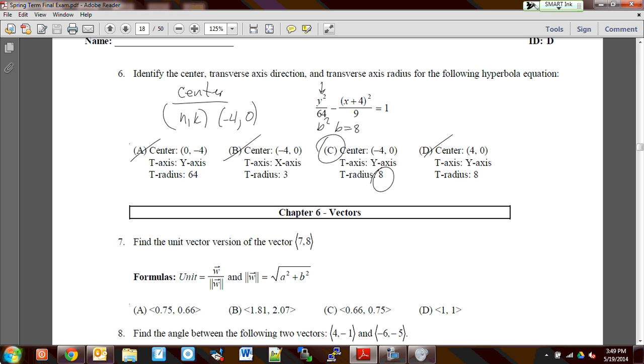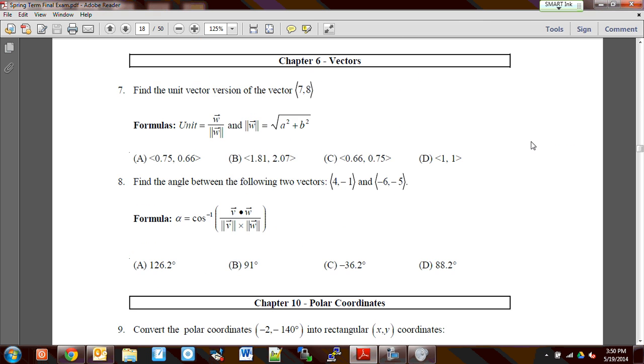Okay, so number 6 is C. Alright, and now it's just using the equation. Found our center point (h, k), and we ruled out 2 of the answers based on that alone, and then since B is larger than A, that means our transverse axis is the y-axis, and the radius is simply B.